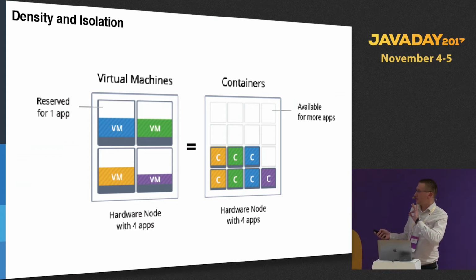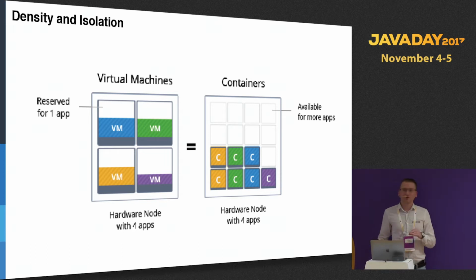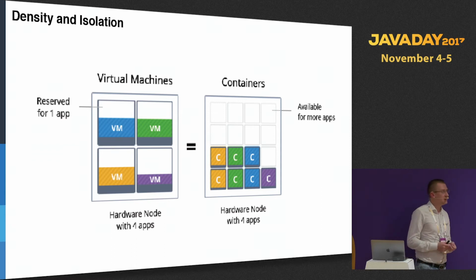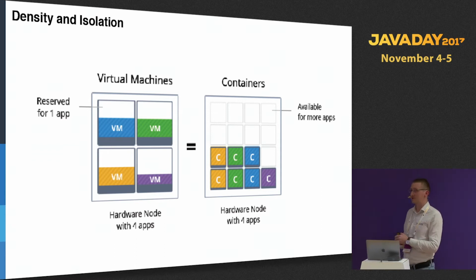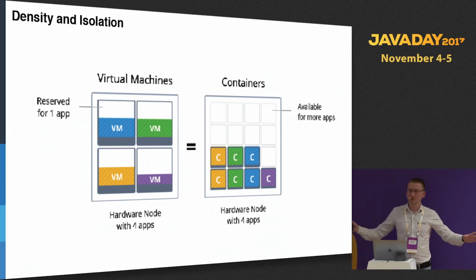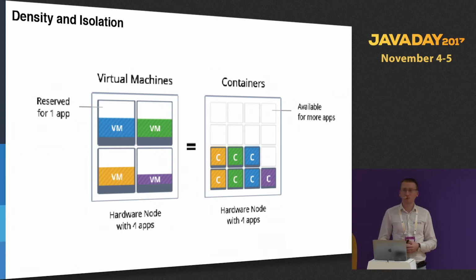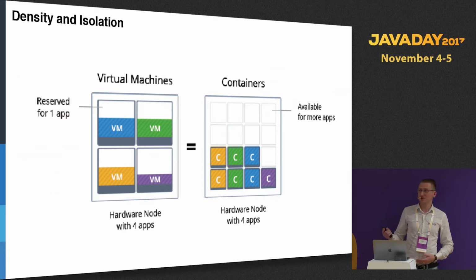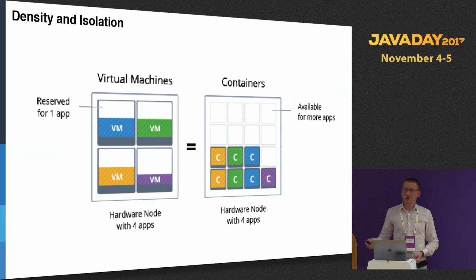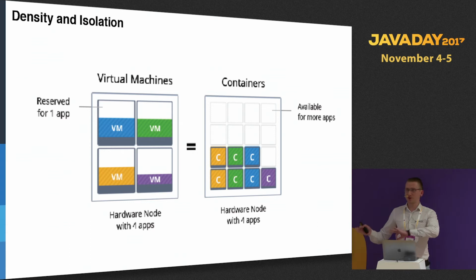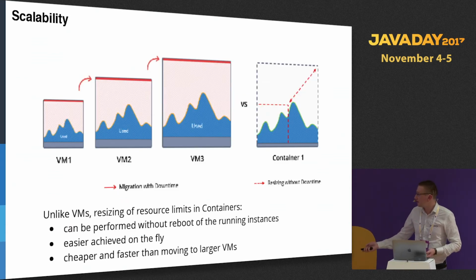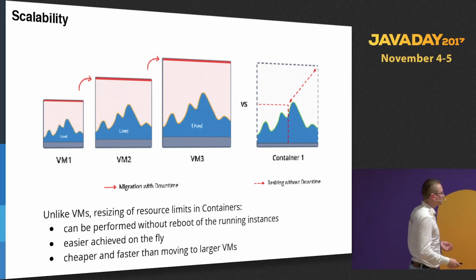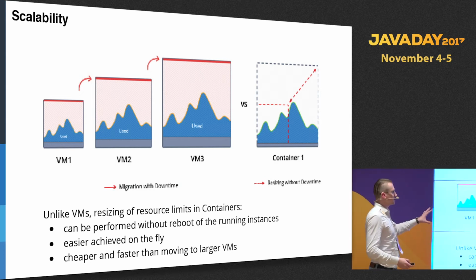That makes some kernel processes happen that can break your application, in fact. As containers don't pre-allocate anything, on a bare metal server we can put a much bigger number of containers than virtual machines, which will have spare resources unused. That's all about scaling.